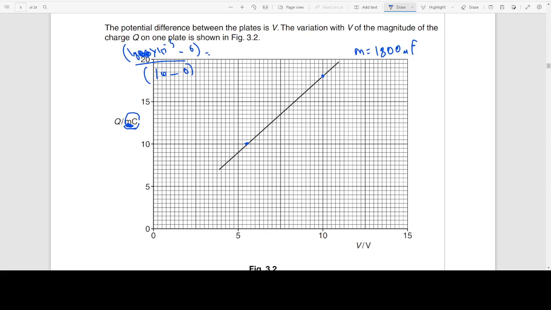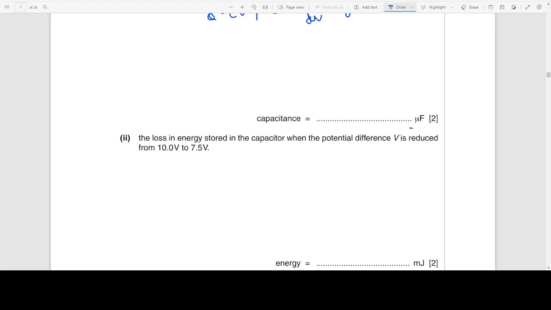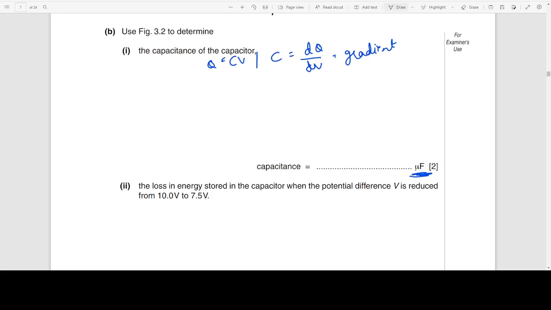So you get 0.018, and this is in farads, but I guess they want it in microfarads, so you will have to multiply 18 into 10 raised to minus 3 by 10 raised to 6, from farad to microfarad, so you'll get 1800 microfarad.